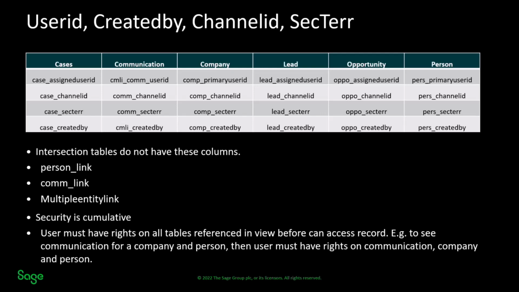And if the communication was concerning an opportunity, that will also be joined in. So in order to see any communication, you would have to have rights on its associated opportunity, person, and company. So any view would have to include those columns to allow for the security to be applied.